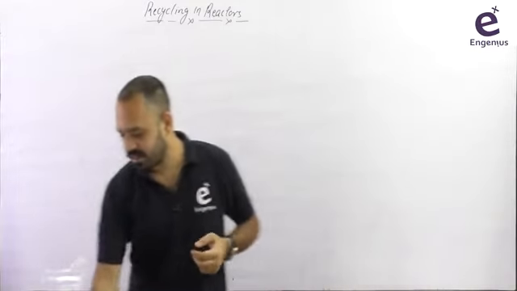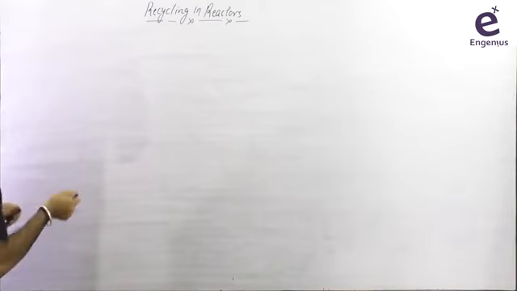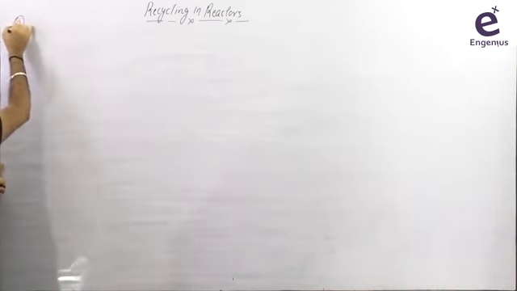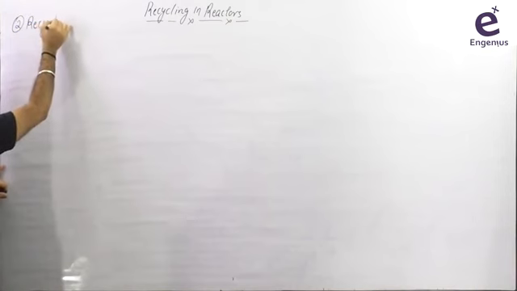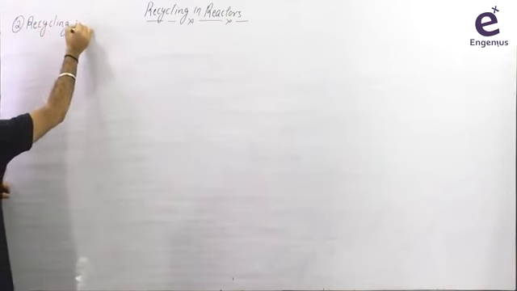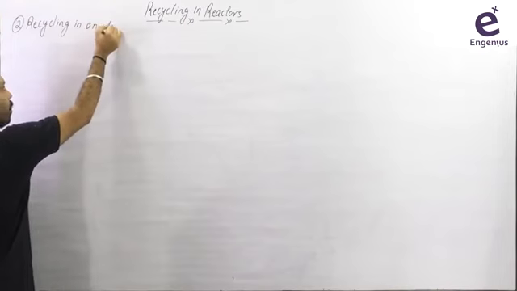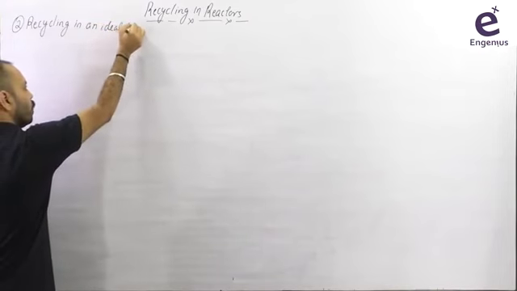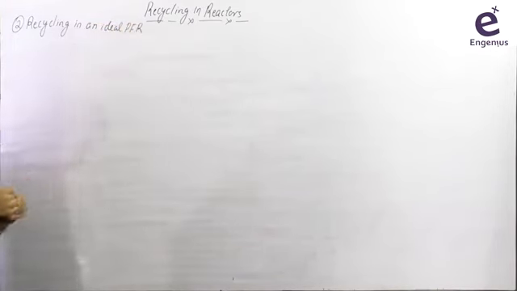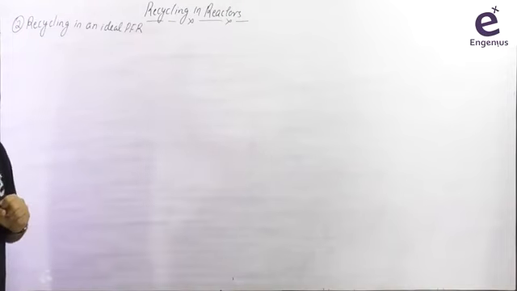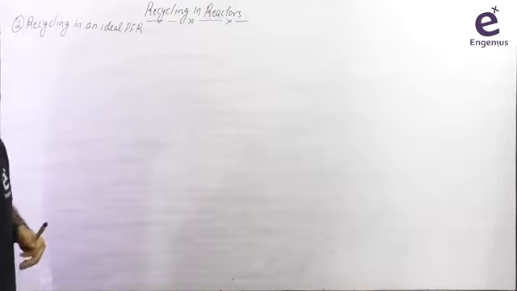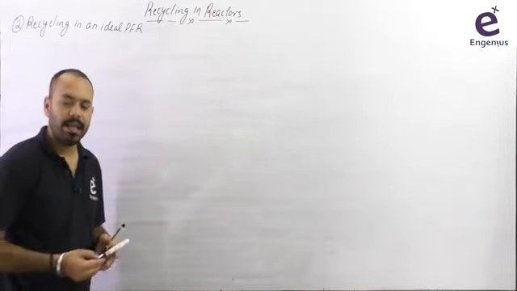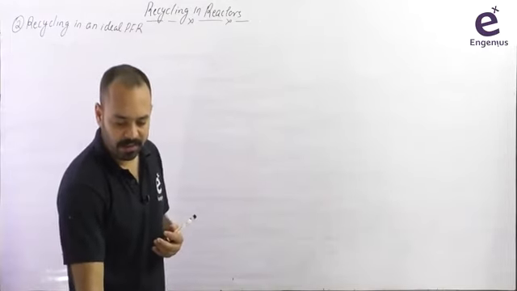Okay. Now let us discuss the recycling in an ideal PFR. That is the second type of recycle reactor. Recycling in an ideal PFR. We know that, let us first discuss this qualitatively. The qualitative discussion is also very important. We already know that in a PFR, the extent of axial mixing is equal to 0.